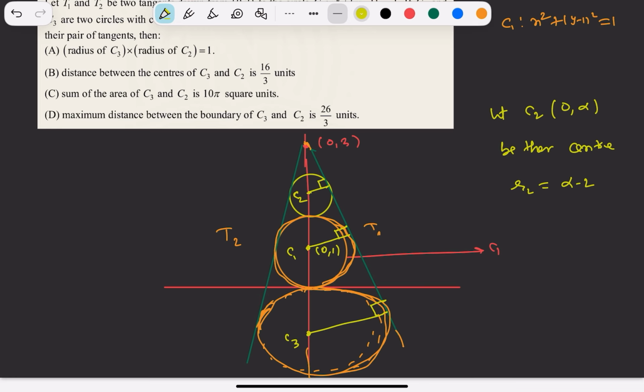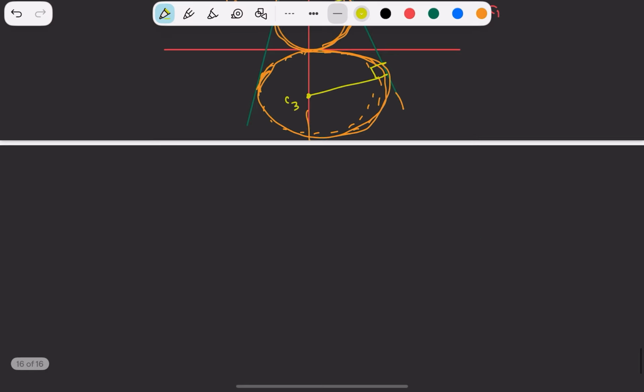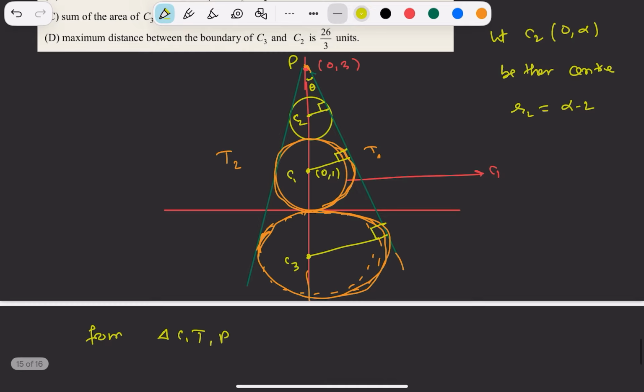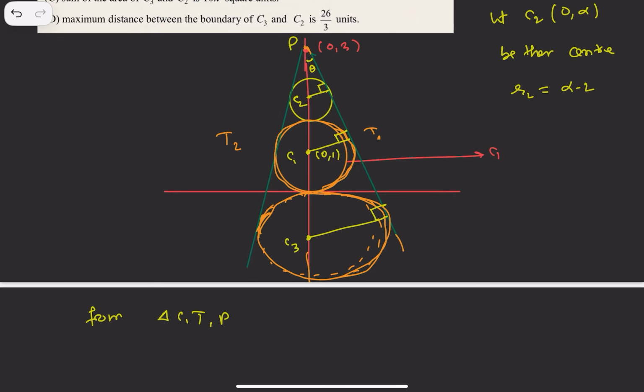Right or not? Now I am going to assume that this angle equals theta, and let us assume this is the point P. So I am assuming the triangle C1 T1 P. From triangle C1 T1 P, if I take sin theta, sin theta will be opposite upon hypotenuse.